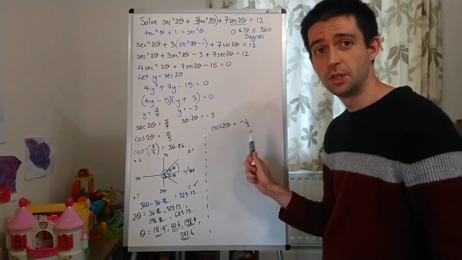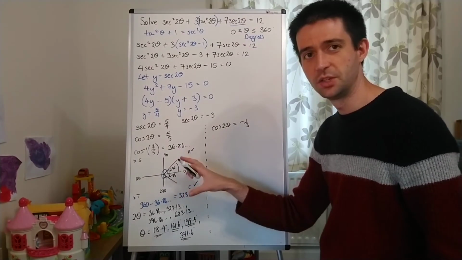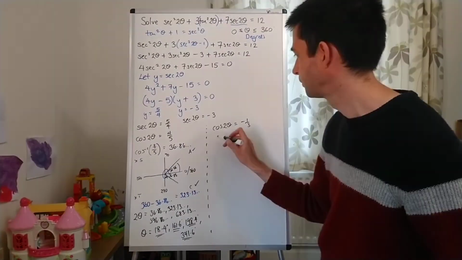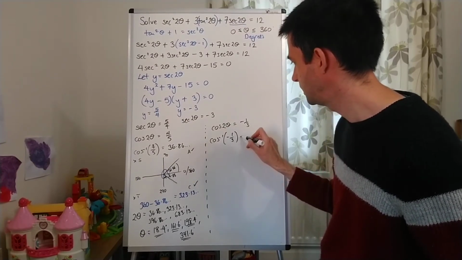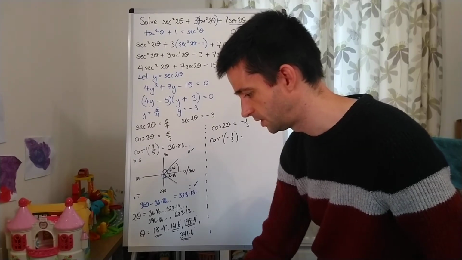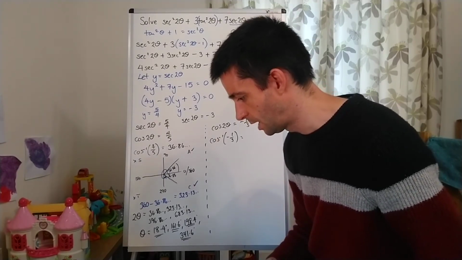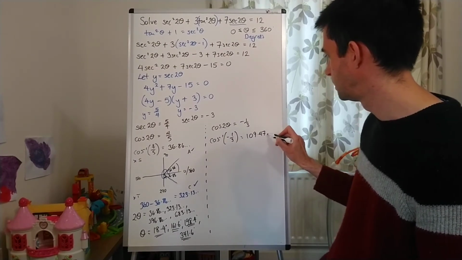Similarly, there will be 4 solutions from this one, but rather than doing the whole cast diagram for this because it's essentially the same, I'll just blitz through it. So cos inverse of negative 1/3 on the calculator. Cos inverse of negative 1 over 3 comes out as 109.47.